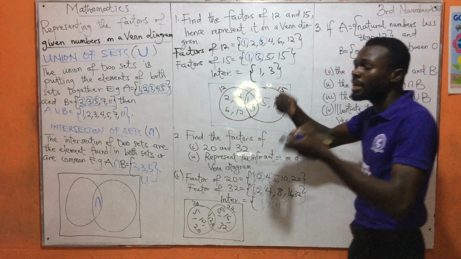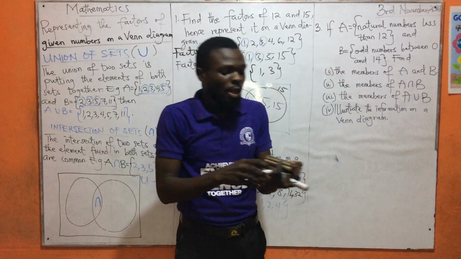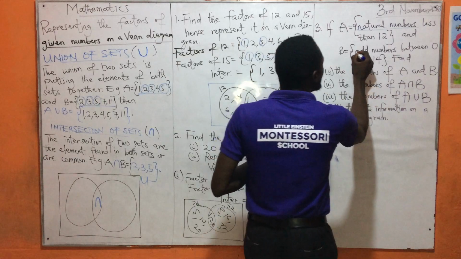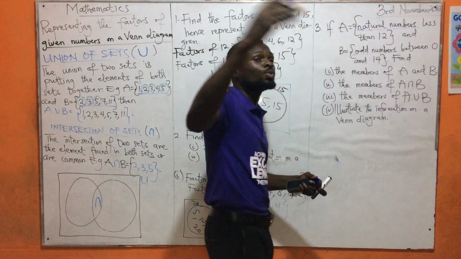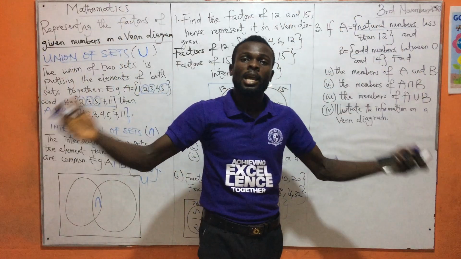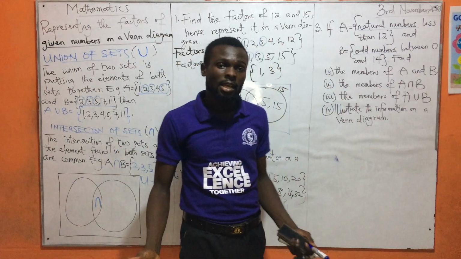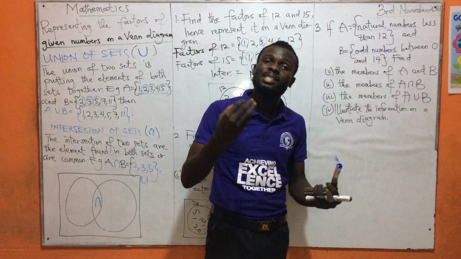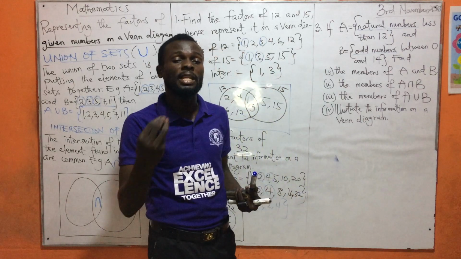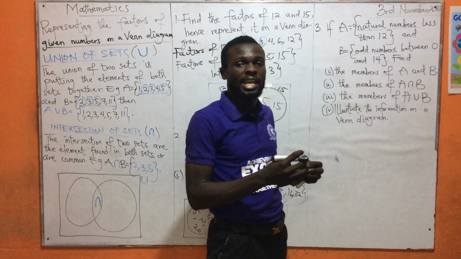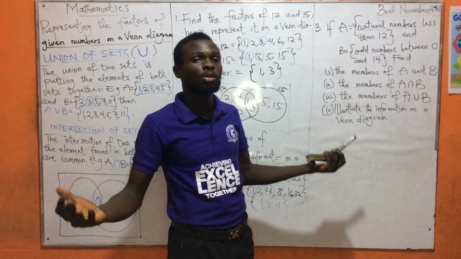We should know what natural numbers are and what odd numbers are, which was taught in basic 8. Natural numbers are numbers that start from 1 to infinity, and odd numbers are numbers that cannot be divided by 2. Good. So per what the question is saying, we are good to go.